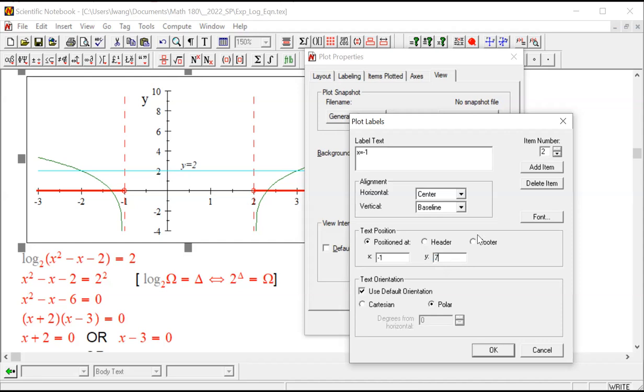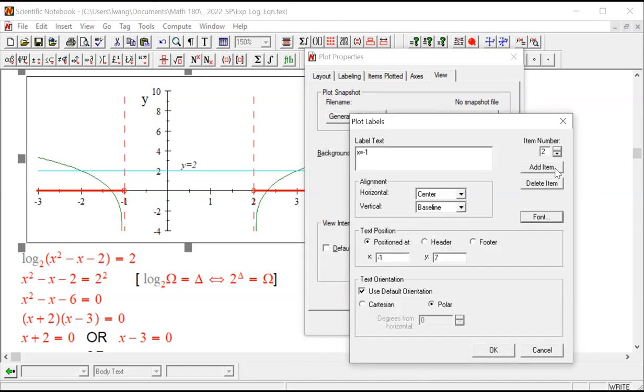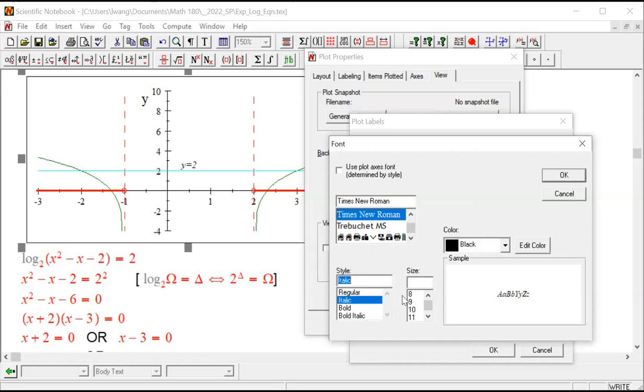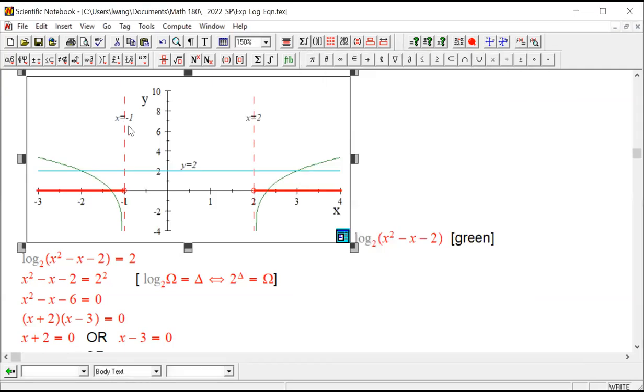And there's another one, which is x equals to 2. And there you go. x equals to -1, x equals to 2. These are the two vertical asymptotes.